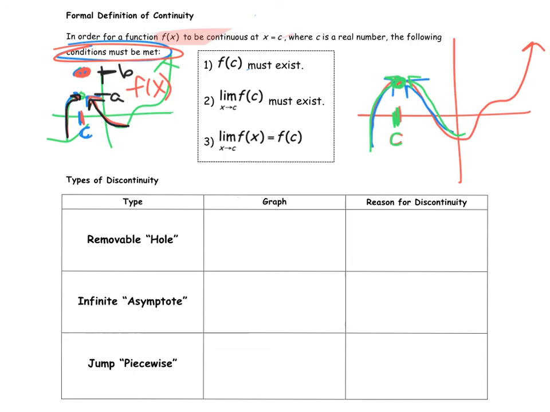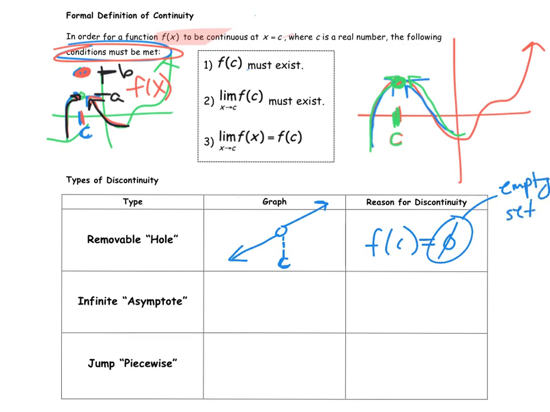A removable discontinuity or a hole could look something like this, where this is my c value for x. And the reason for the discontinuity is that f of c doesn't exist. That means this right here, the empty set. Empty set, meaning there's just no solution. There is no answer.